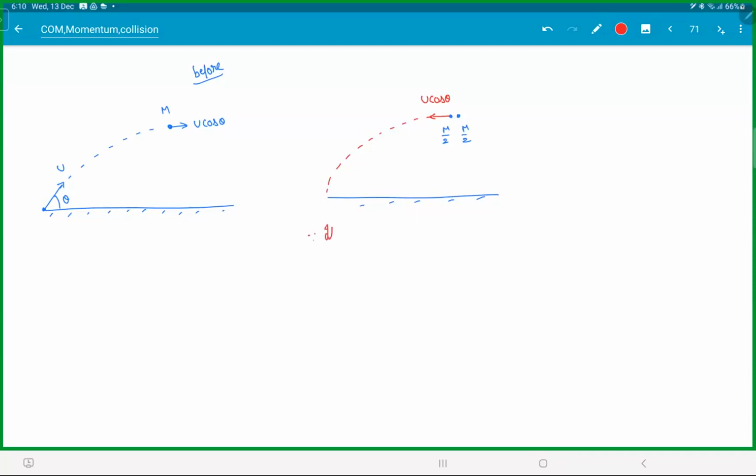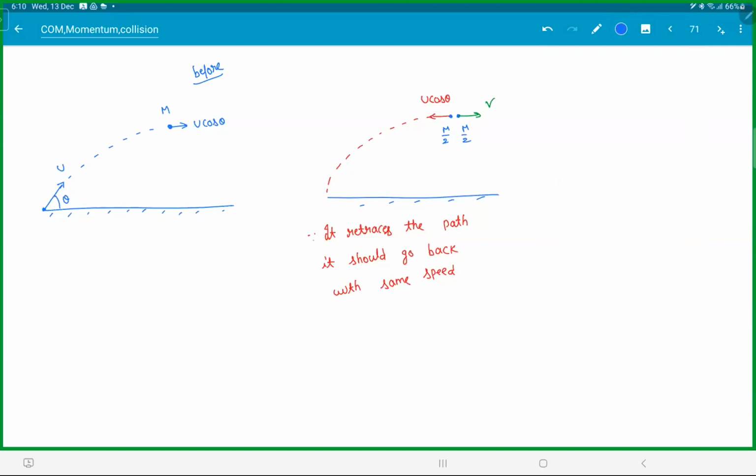Since it retraces the path, the time of flight is the same, and the time of flight does not depend on the horizontal velocity. So it should go back with the same speed. So this guy will go with v.